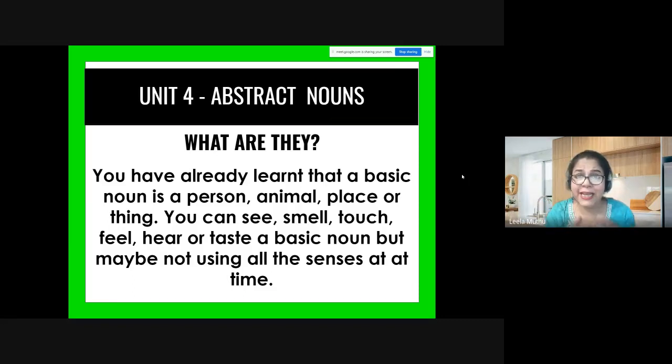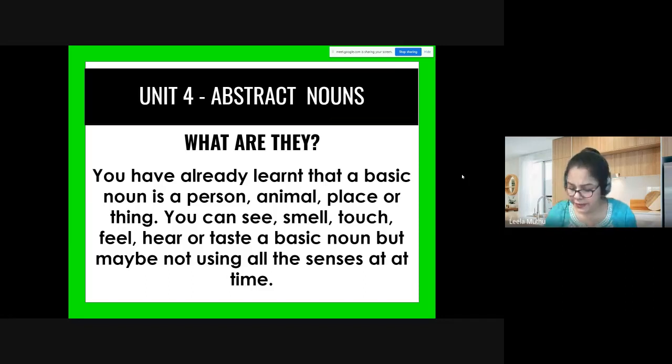And they all have names, which makes them proper nouns. But you can touch them, feel them, see them, smell them, hear them, taste them. The five senses. You can usually use this on a basic or a concrete noun, but abstract nouns are something very different.